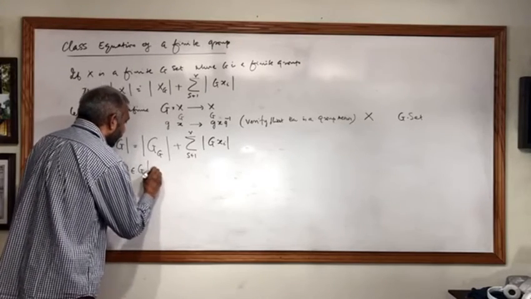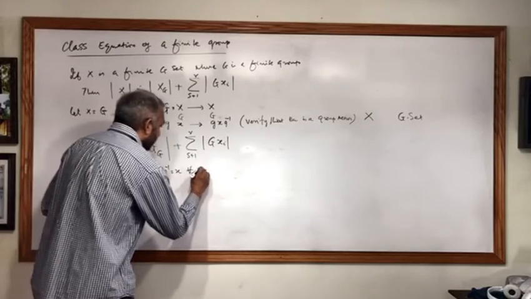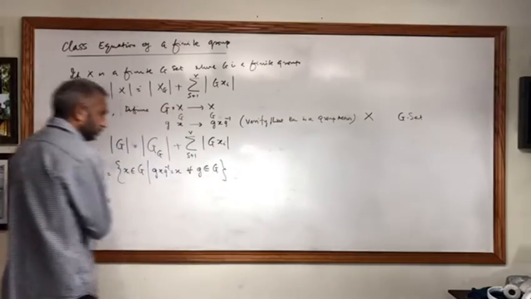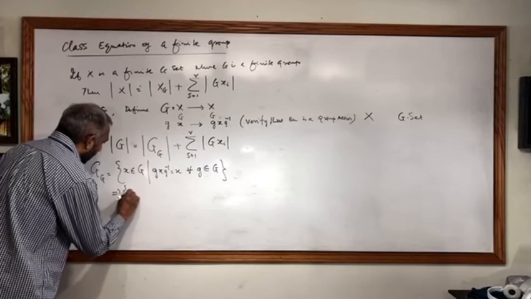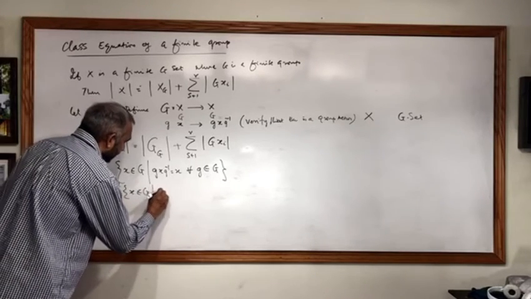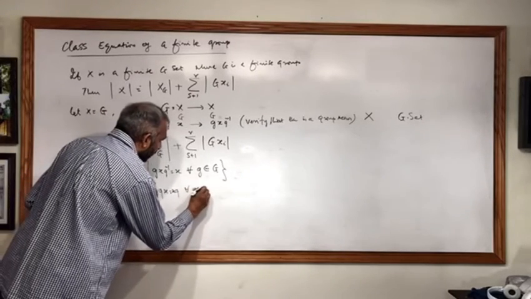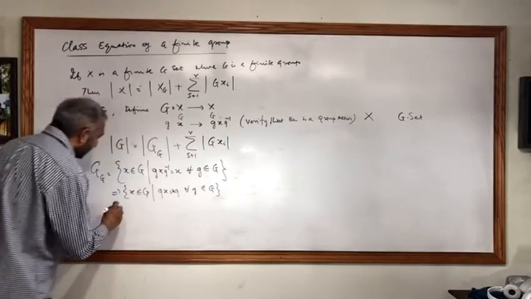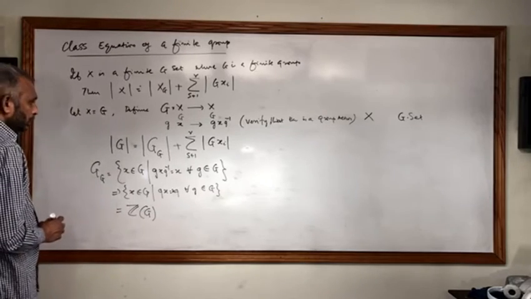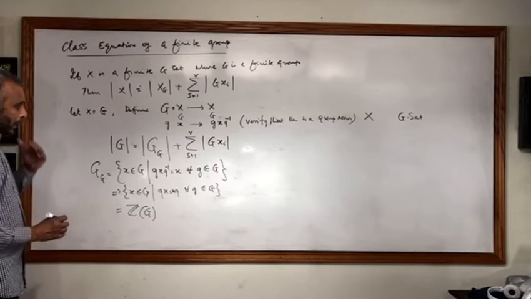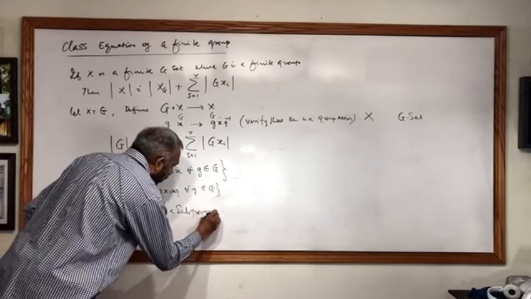That means g x g inverse equals x for all g in G. And that means it is equal to {x belongs to G such that gx equals xg for all g in G}. And this is nothing but the center of G, and it is a subgroup of G.